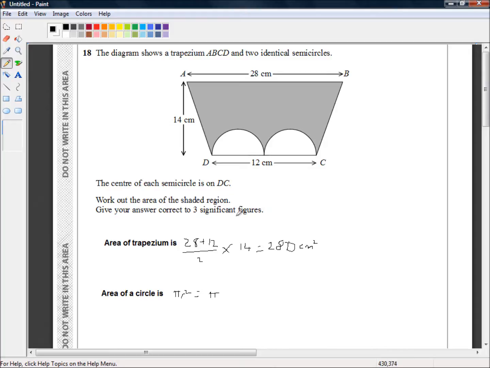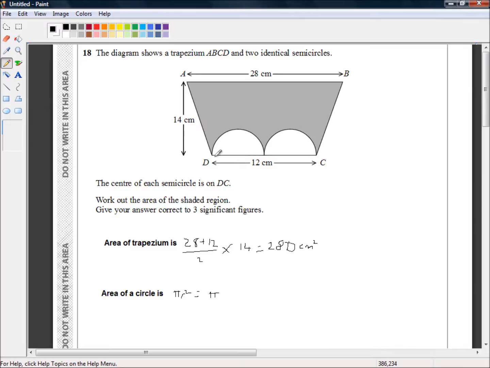times the radius. Now what's the radius of one of these circles? Well, we know that the diameter lies on this line, because we know that this line DC goes through the centre of each semicircle, and the diameter is the line that goes through the centre of the circle.